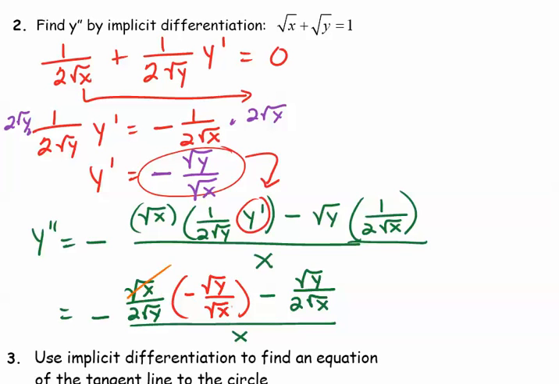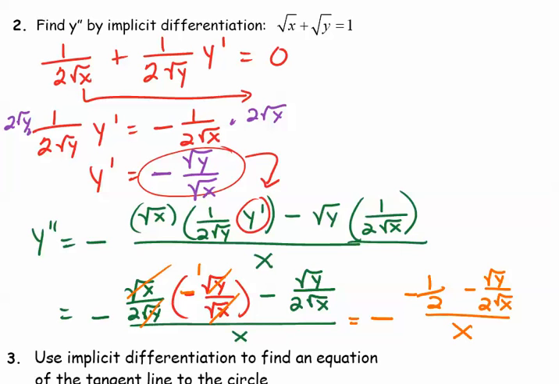So the square root of x with the square root of x, and the square root of y with the square root of y. So our numerator looks like it's just going to be a negative 1 for this first term. So we now have a negative 1/2 for our first term, and a negative square root of y over 2 square root of x for our second term.